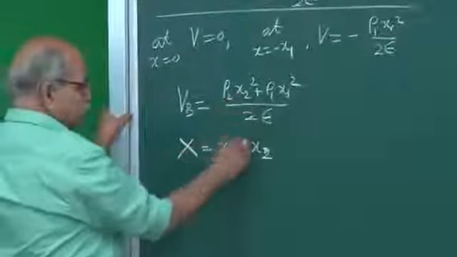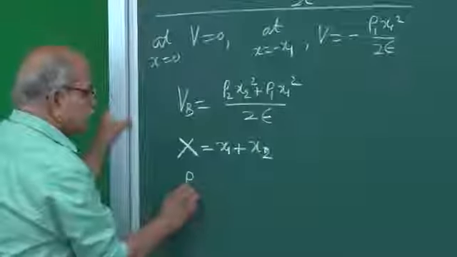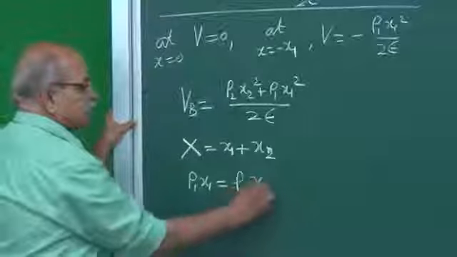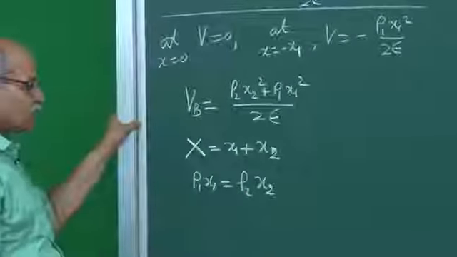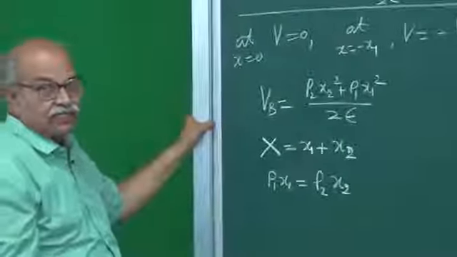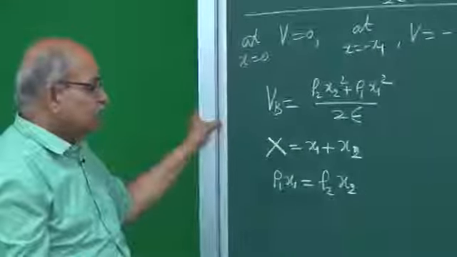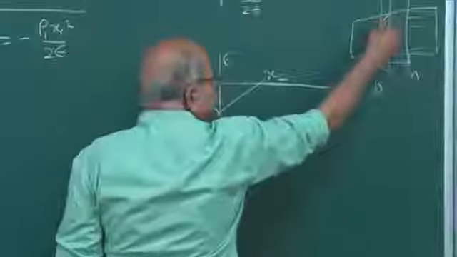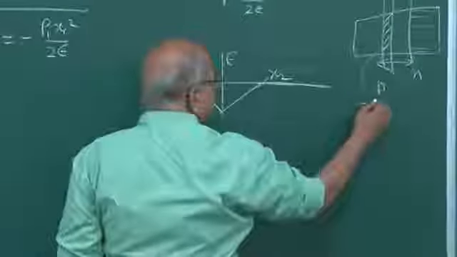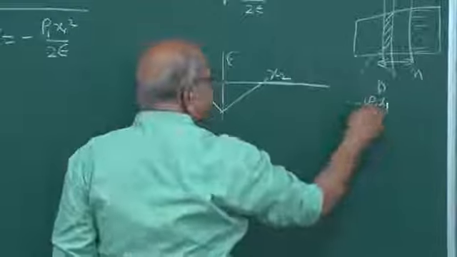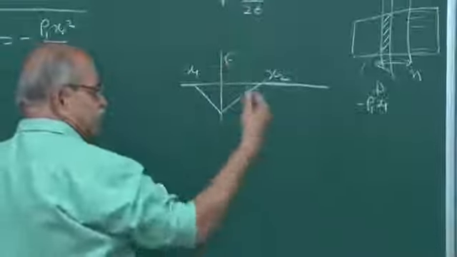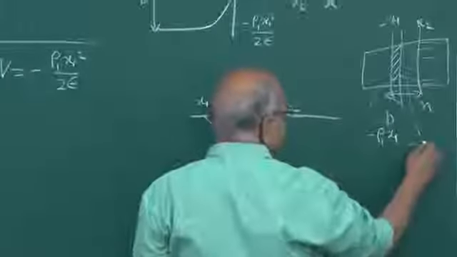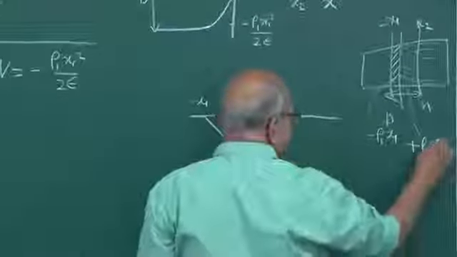You have one more relation, and that is rho 1 x1 is equal to rho 2 x2. Right? Charge neutrality, rho 1 x1 should be equal to rho 2 x2 because the charge here is minus rho 1 times x1 times the area of cross section, and the charge which is here will be similarly plus rho 2 x2.